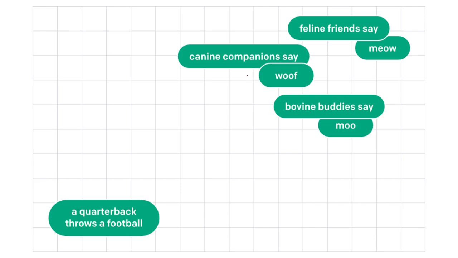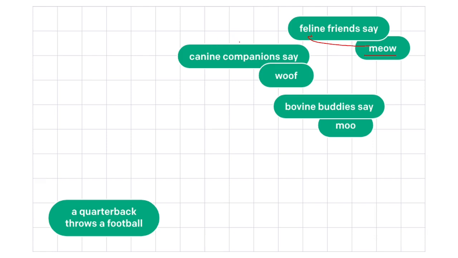So if you notice, there's a phrase called feline friends say, and because feline is the species for cats, they're obviously going to say meow. That means this phrase and the word meow are going to be arranged together.